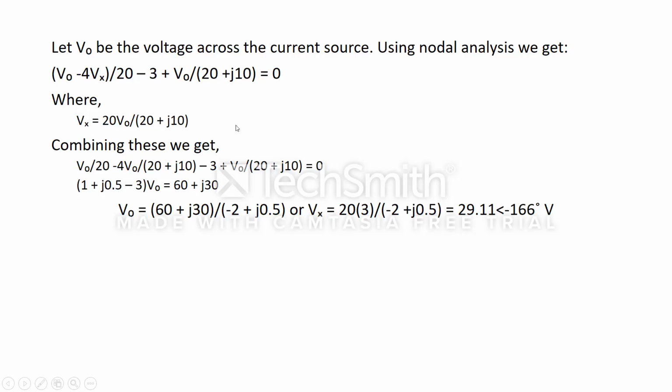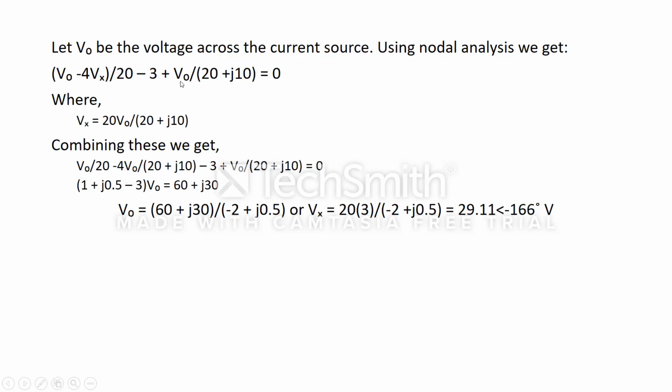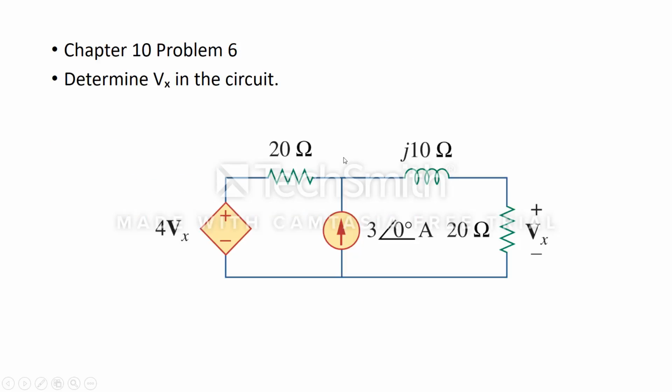Then V naught by 20 plus J10, that is, we have V naught over here, and 20 plus J10 is the impedance over this part.